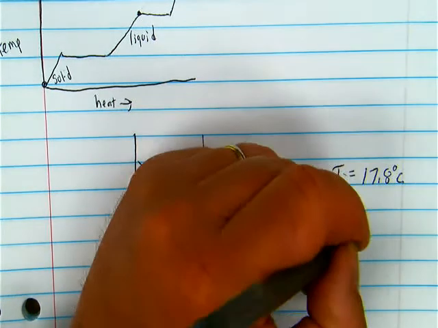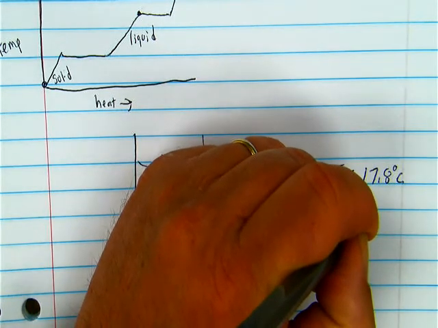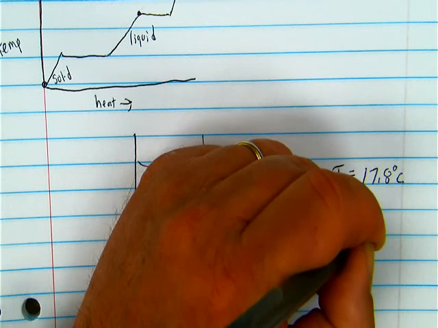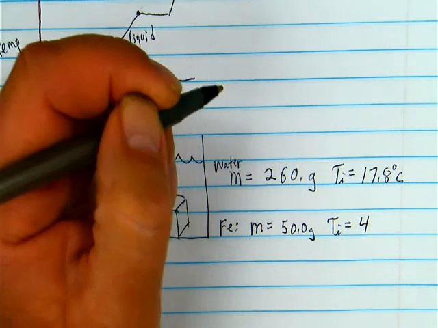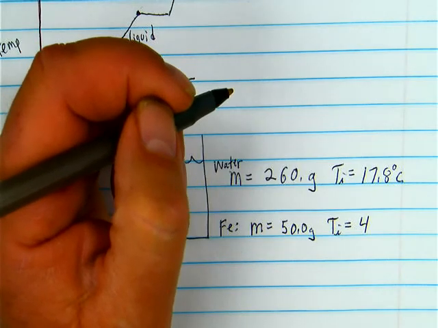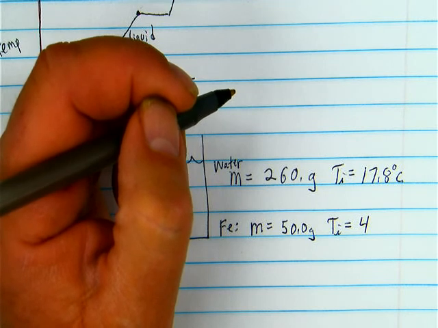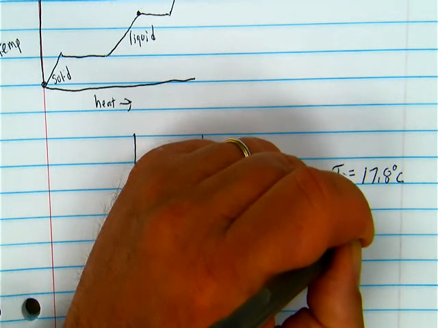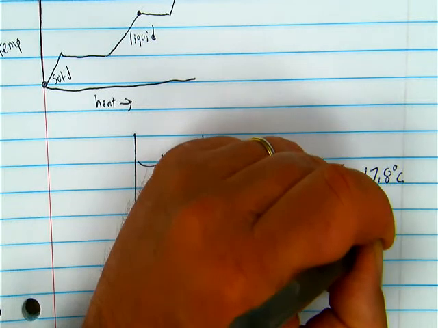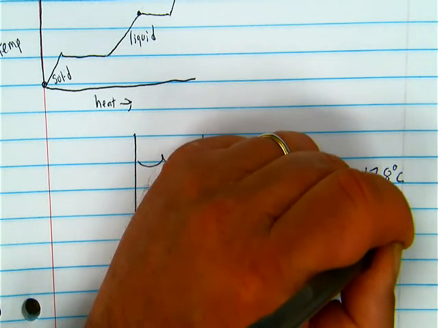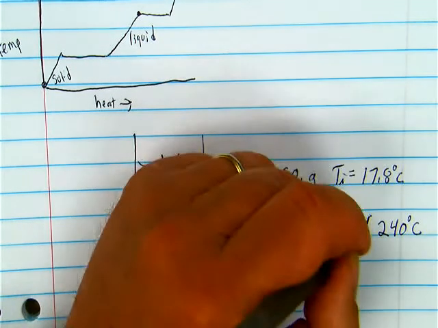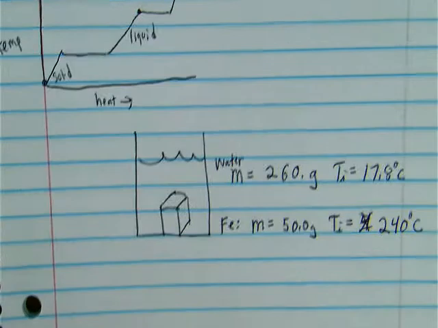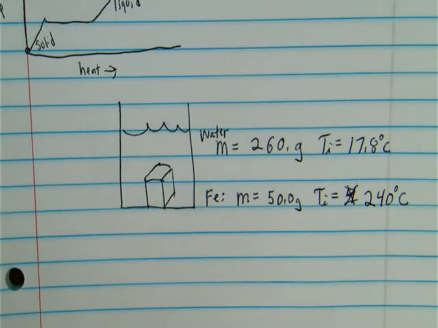But let's make it 400. That's crazy. Why would I make this so horrible? Let's make this 240 degrees Celsius. Okay, so the initial temperature of the iron is 240 degrees Celsius.